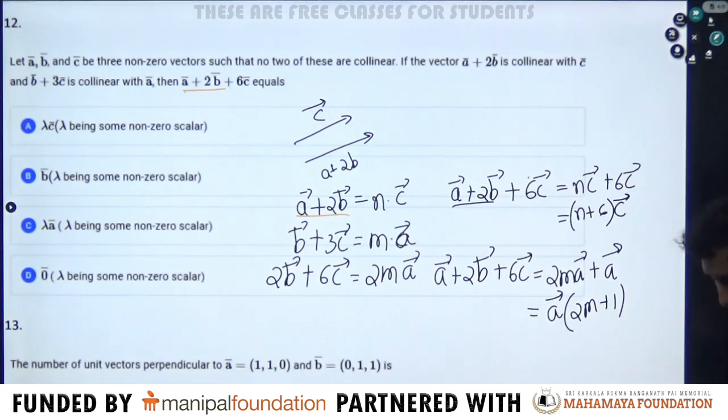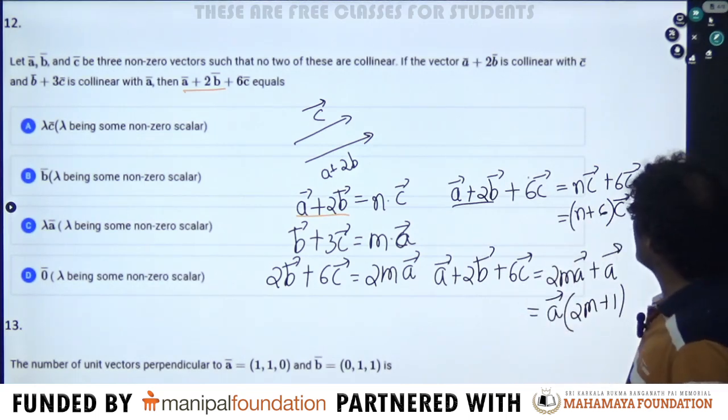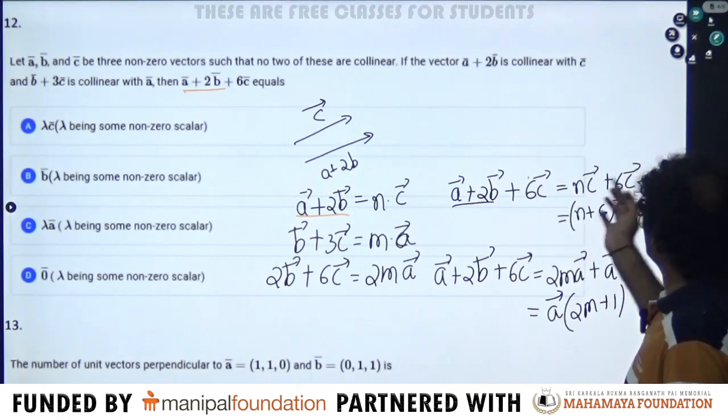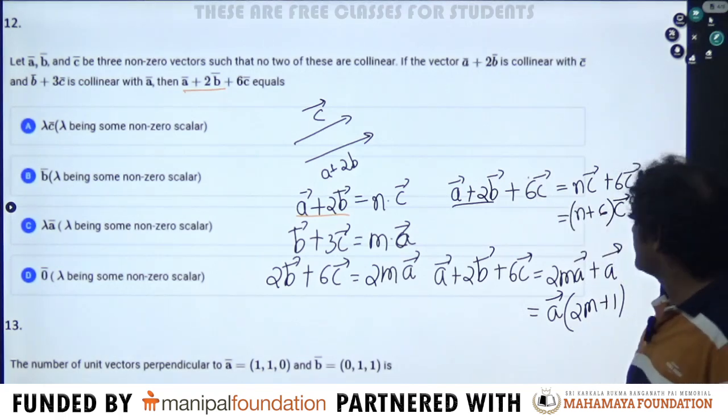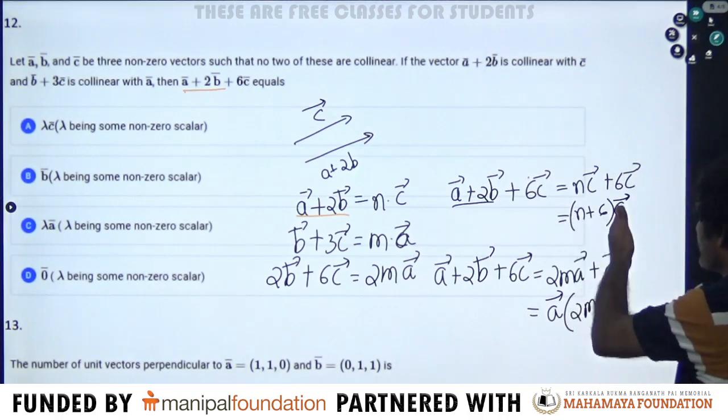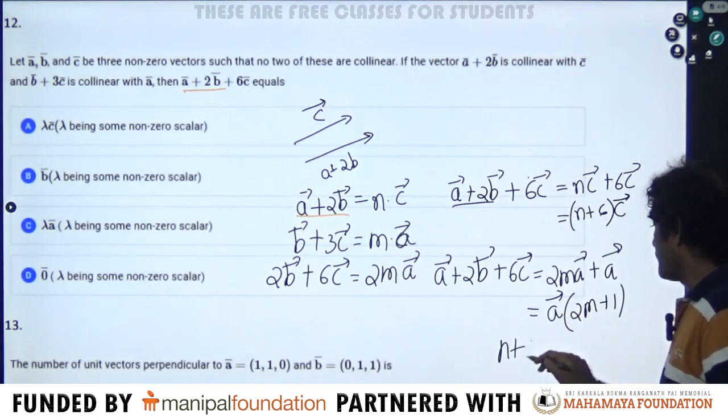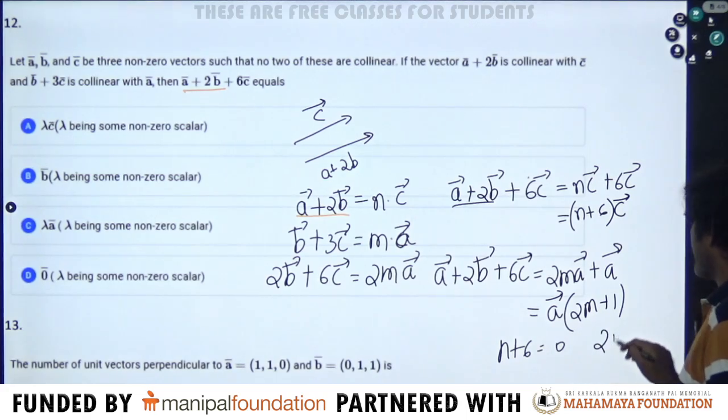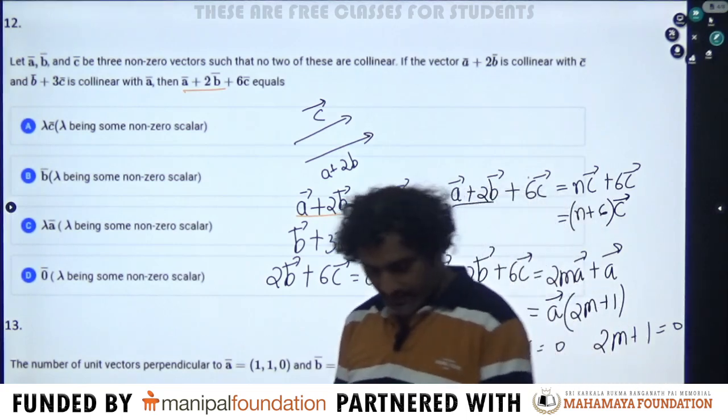Think and tell. Nothing, we are just putting one. Put 0 here. This and this are collinear, right? Something like that. So n plus 6 is 0 and 2m plus 1 is 0. You got the answer. Is that okay?